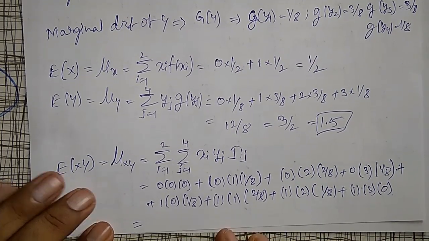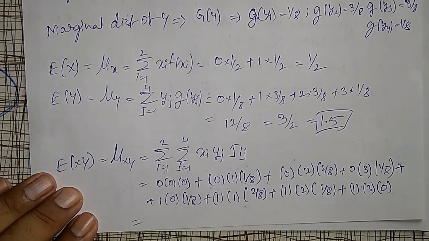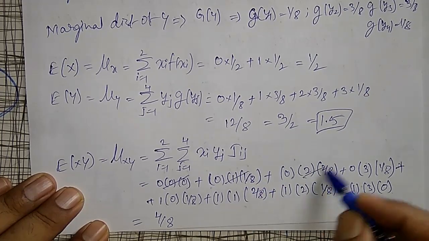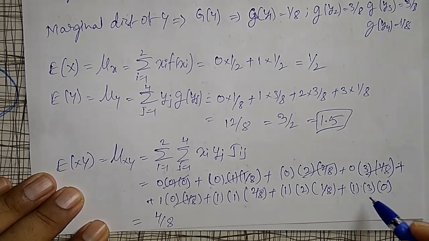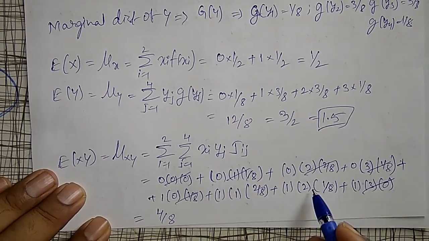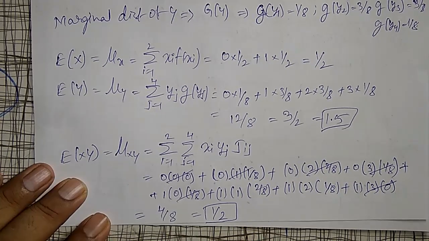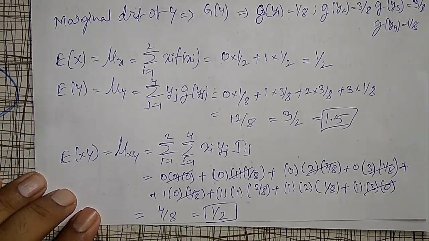Therefore, simplifying all these things, I am going to get 4 by 8. This is 0, this is 0, 0, 0, this is 0, this is 0. 2 by 8 plus 2 by 8 is 4 by 8, or 1 by 2, the expectation of xy. Next I am going to find the covariance and all those things.